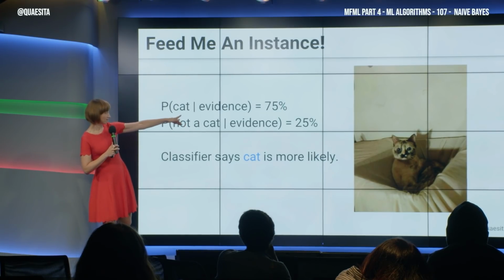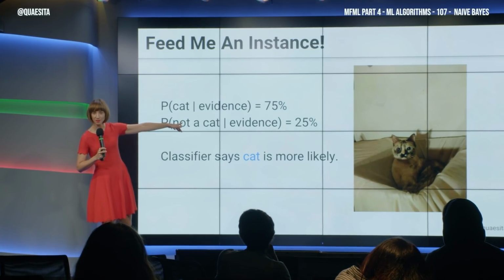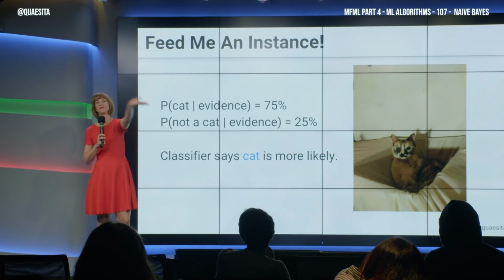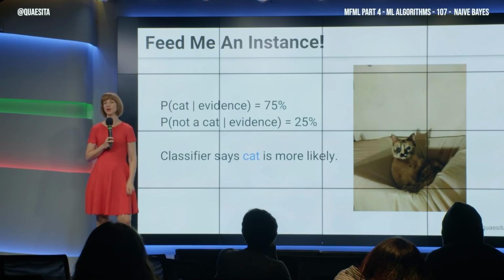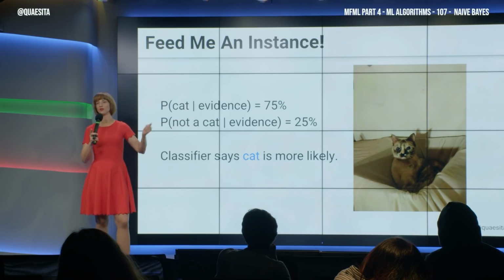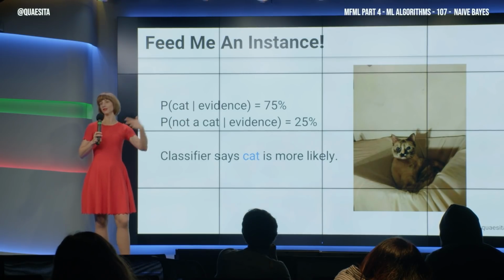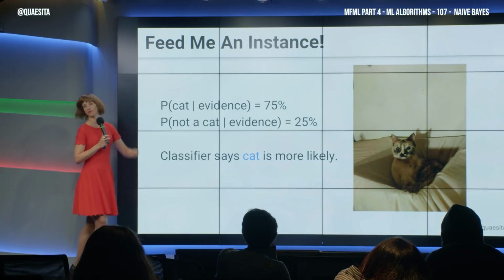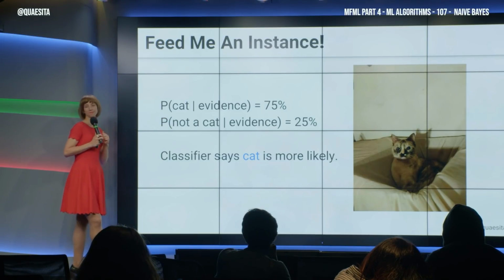If you're saying some number that's too close to 50, maybe you don't know what you're talking about, and maybe I prefer not to listen to you, maybe I prefer to send this to some other process, maybe have a human look at it and make the judgment call. Whereas if the number is very close to 100% or 0, then I can go with what the system is saying.